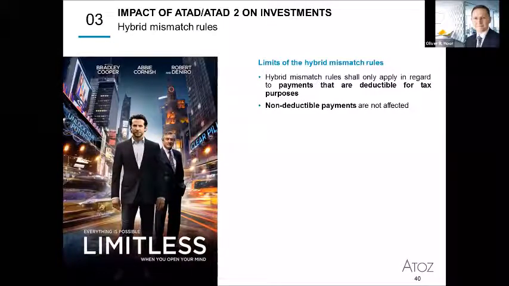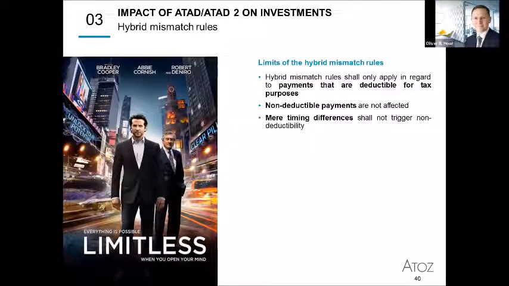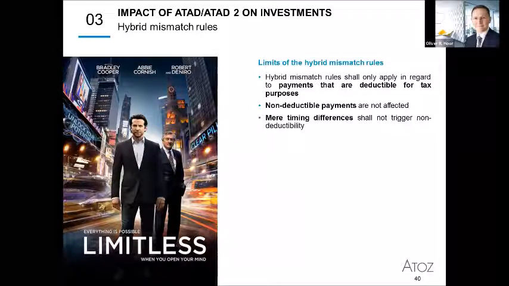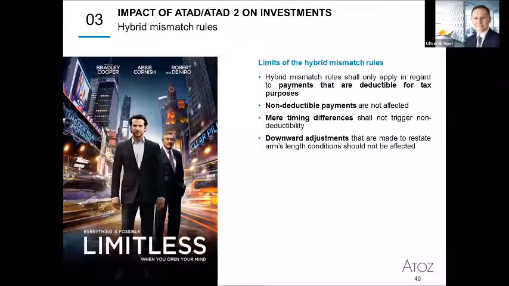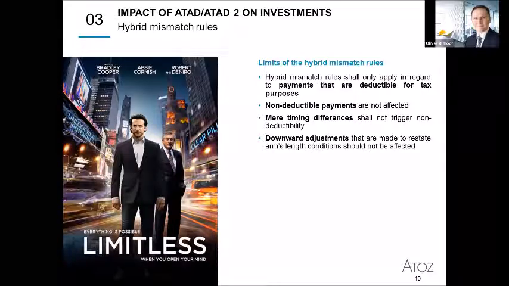Then mere timing differences should not play a role because, if one can make the case that the income is included at a later stage, normally there is no room for the application of the hybrid mismatch rules. So the longer the timing difference, the more one needs to think about whether one has arguments for the non-application of the hybrid mismatch rules. Then downward adjustments that are made for transfer pricing purposes do not come within the scope of the hybrid mismatch rules.